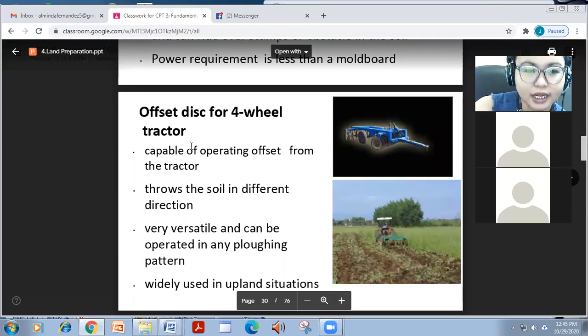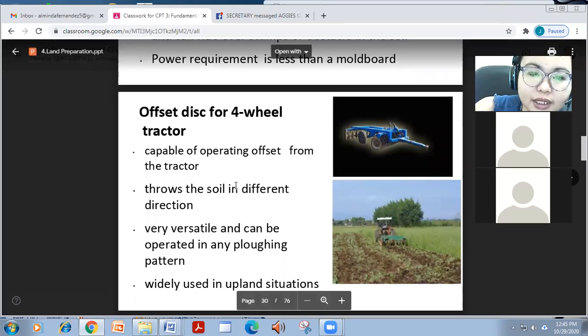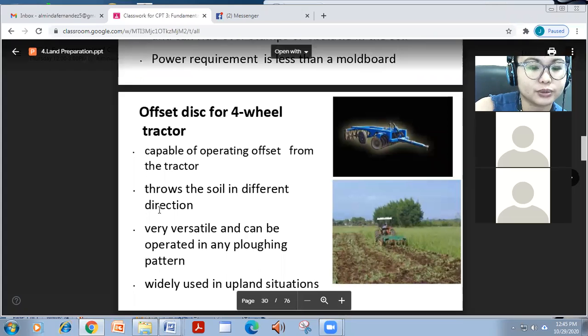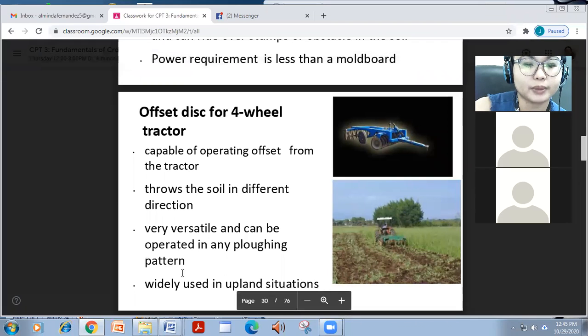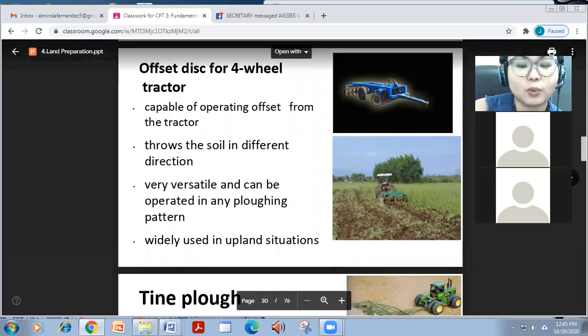Another one is the offset disc four-wheel tractor, which is capable of operating offset from the tractor, throws the soil in different directions, not in one direction, and is very versatile and can be operated in any plowing pattern. This has been widely used in the uplands.